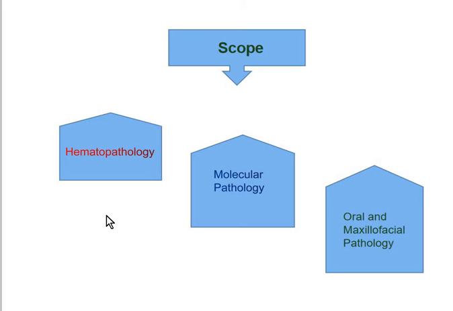Now, this is the first scope. The second scope is molecular pathology. Molecular pathology is focused upon the study and diagnosis of disease through the examination of molecules within organs, tissues, or bodily fluids. Molecular pathology is multidisciplinary by nature and shares some aspects of practice with both anatomic pathology as well as clinical pathology.